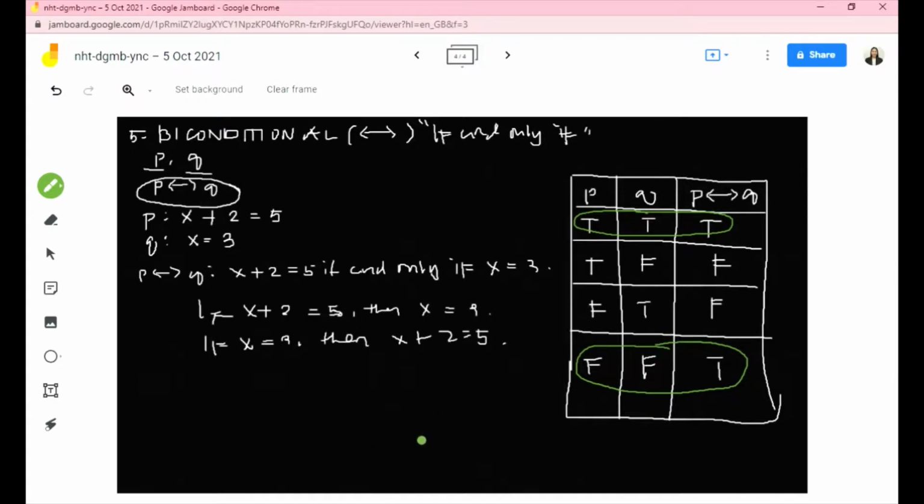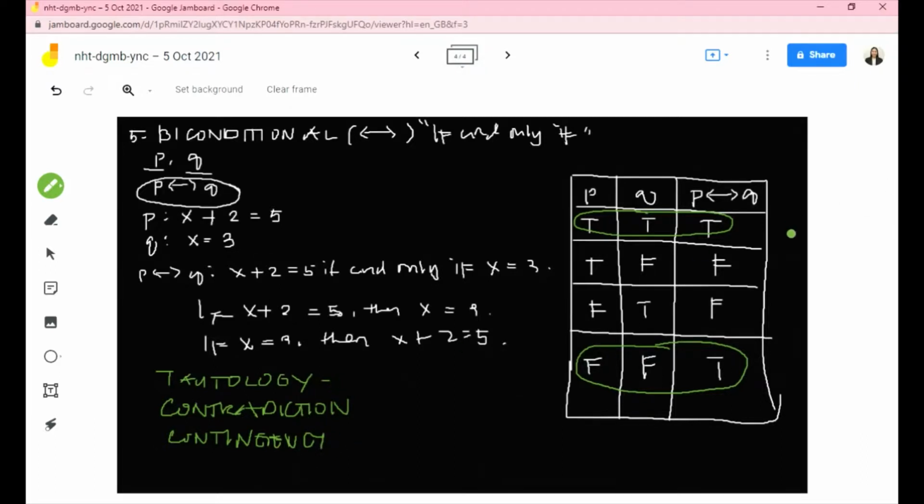Now, before I forget, I want you to remember these 3 terms. We have the term tautology. We also have contradiction, and the other term, contingency. So when can we say that it is a tautology?